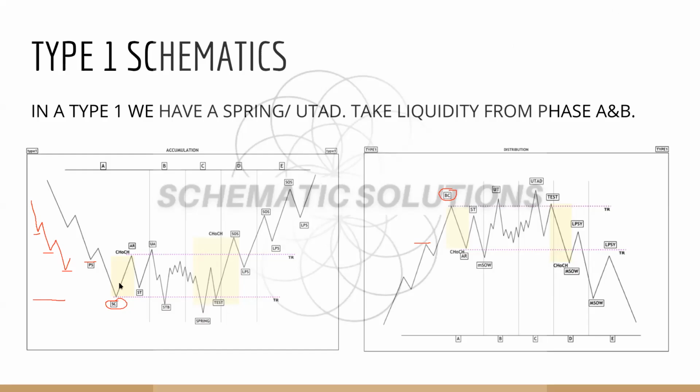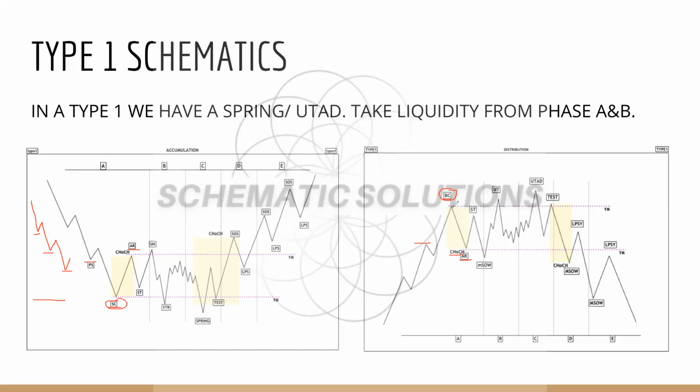This movement away is labeled the automatic rally, and in our distribution, it stands for automatic reaction. Once we have this AR, this confirms our SC as our SC and our buying climax as our buying climax. How this confirms it is based off of something we call a change of character.